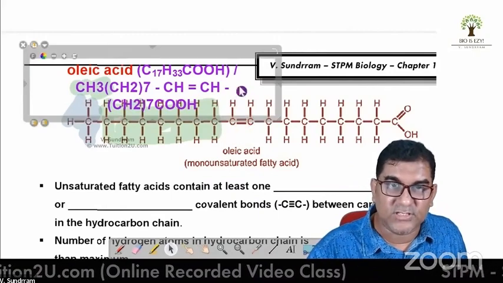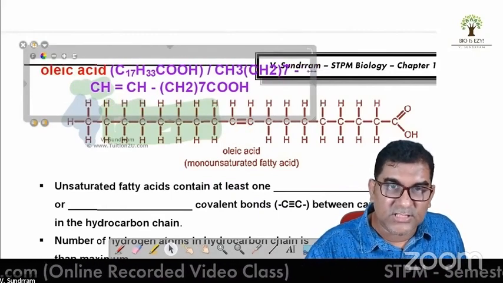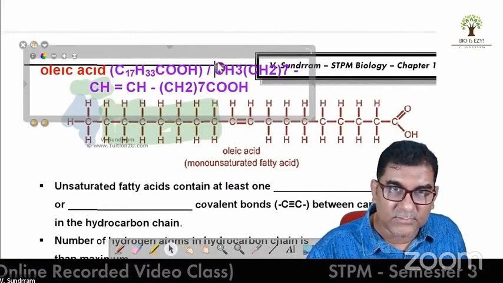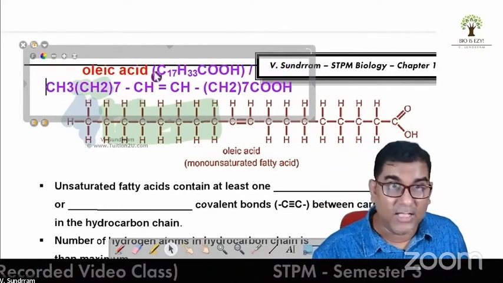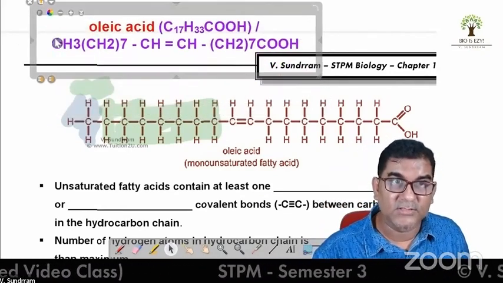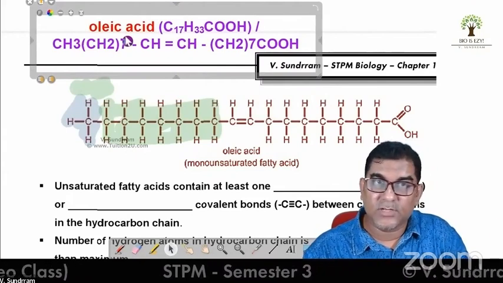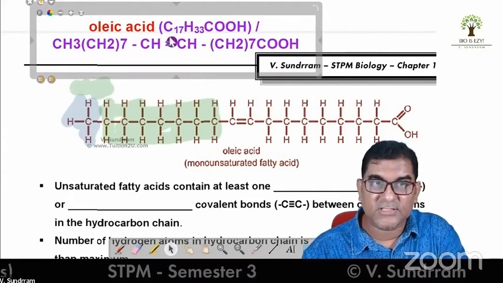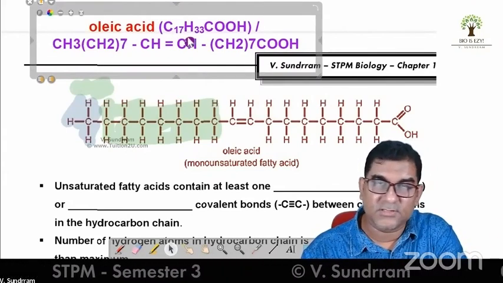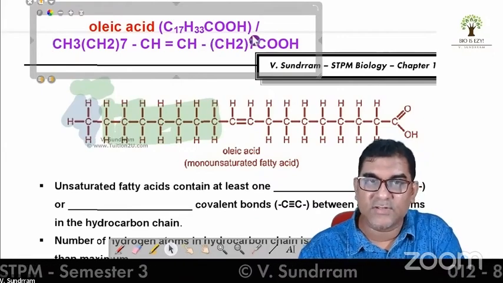So we need to show it's CH. So this is the long formula. Ini formula panjang. This is the long formula. CH3, CH2 in bracket 7, dash CH double bond CH, dash CH2 7 COOH.